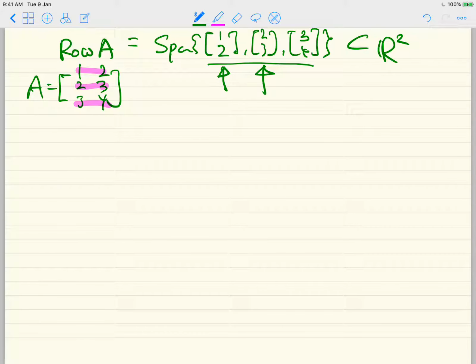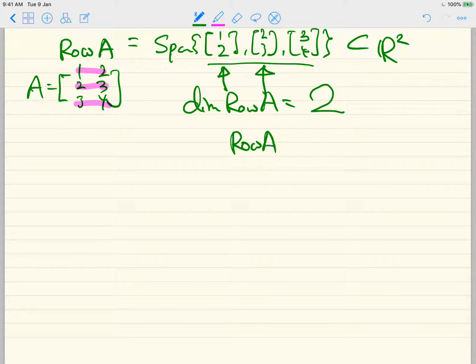First of all, the dimensionality of the row space of A is what? It's 2. And based on the complementary relationship, what will be the dimensionality of the orthogonal complement of the row space of A? It is 0.